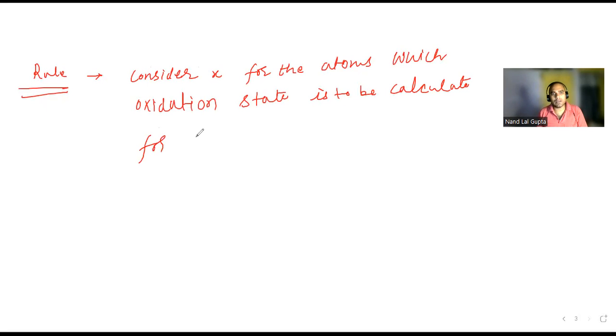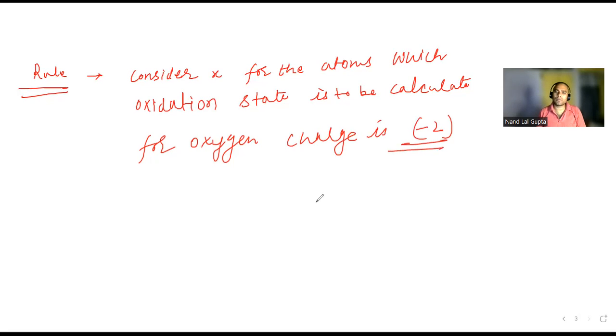For oxygen, the charge is -2. Oxygen charge is -2. Got it? For I, it is -1. F is -1. Cl is -1. S is going to be -2. So these things we need to memorize. Just now I told you how.